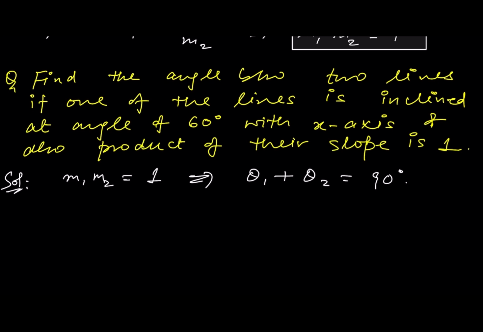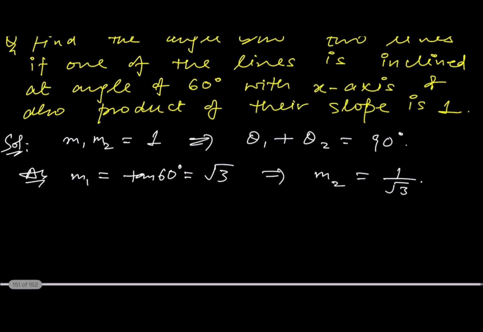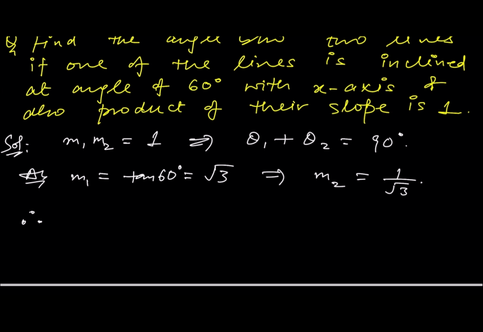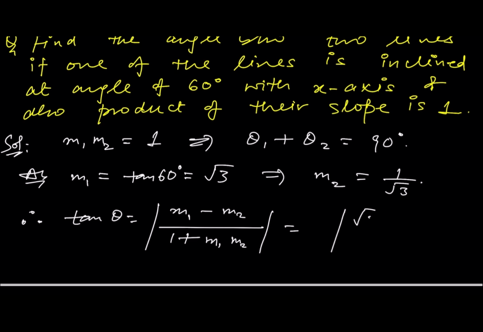And it is given that m1 is tan 60, which is root 3, so directly m2 will be 1 by root 3. So by using the formula, tan theta is equal to mod of m1 minus m2 on 1 plus m1 m2, that is mod of root 3 minus 1 by root 3 on 1 plus root 3 into 1 by root 3.